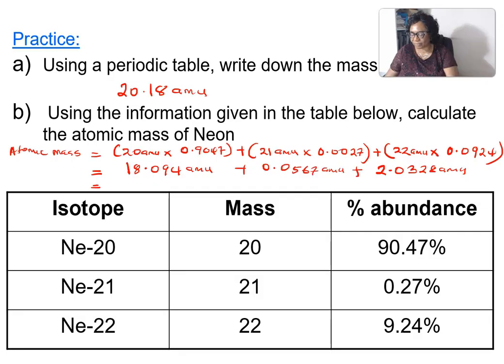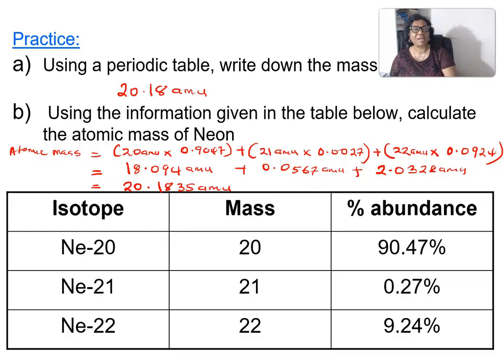So we have 20.1835 atomic mass unit. You see, it matches what we have in the periodic table. So that is how the atomic masses are obtained, which we have in the periodic table.